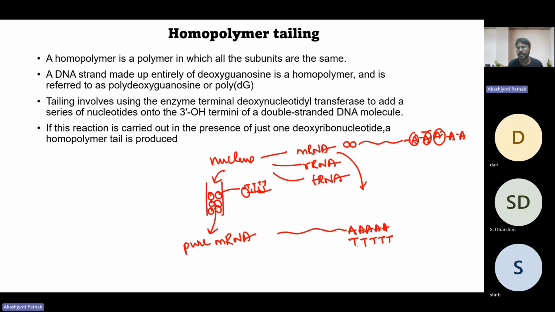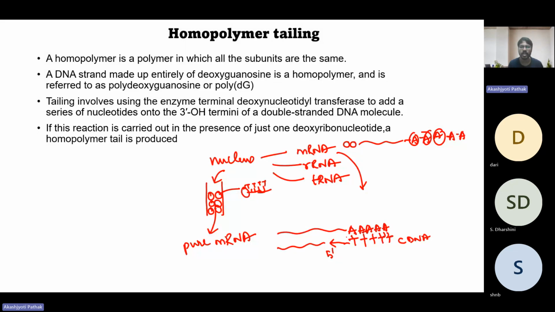Your primer will have these TTTT sequences, and this will bind to your mRNA. Then once you add DNA polymerase, it will extend the free 3' OH group present in this thymine, and it will polymerize in the 5' to 3' direction. Okay, and you will get a new DNA strand. So this is your cDNA that you will get.